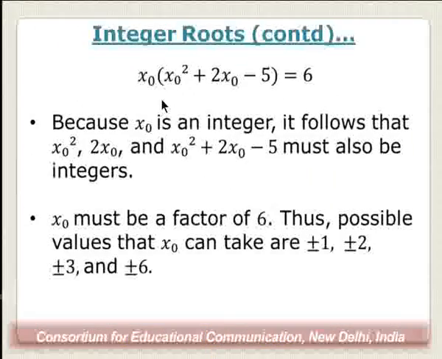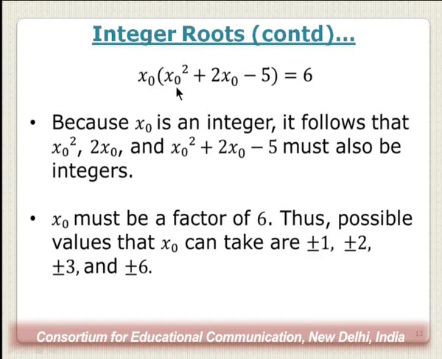Now notice in this equation, because we are assuming that x naught is an integer, then clearly x naught squared must also be an integer. So 2x naught will also be an integer, and in that sense x naught squared plus 2x naught minus 5 would also be an integer.